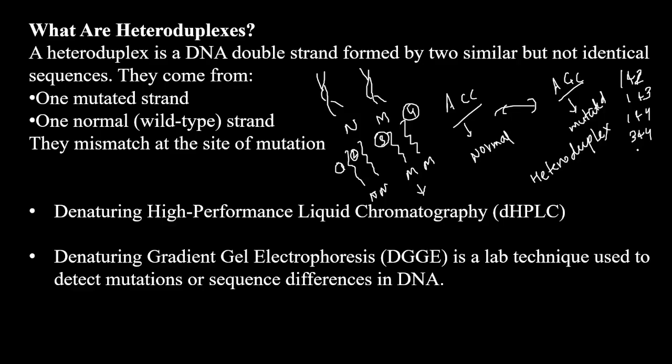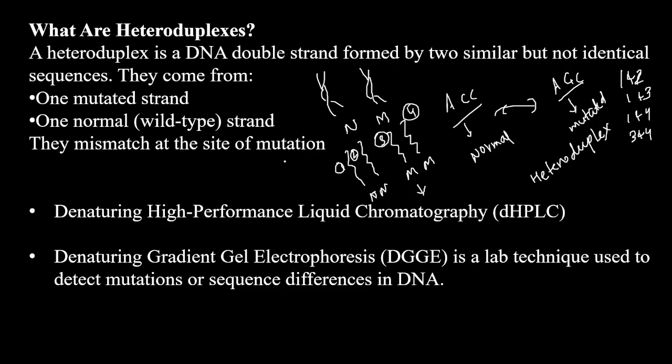So these are the examples of heteroduplexes. Heteroduplex means one strand has normal DNA and the other strand has the mutated DNA. For example, 1 and 3, 1 and 4, or 2 and 3, 2 and 4.